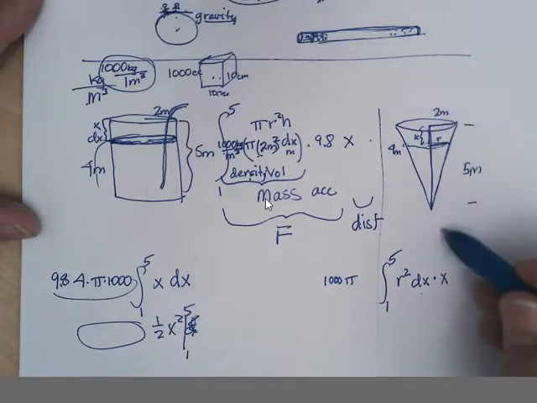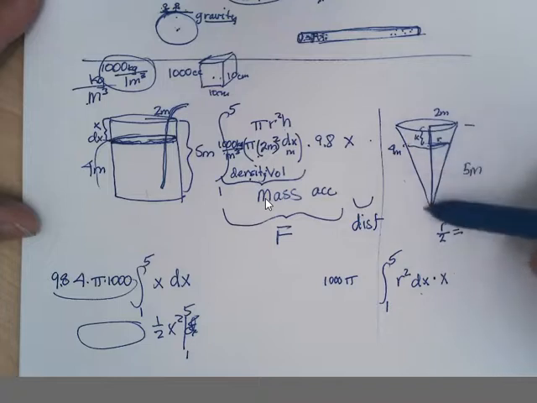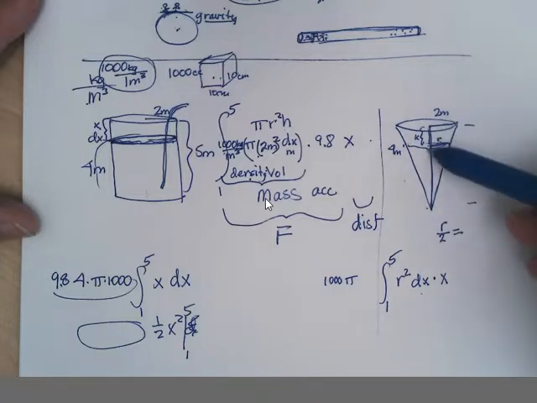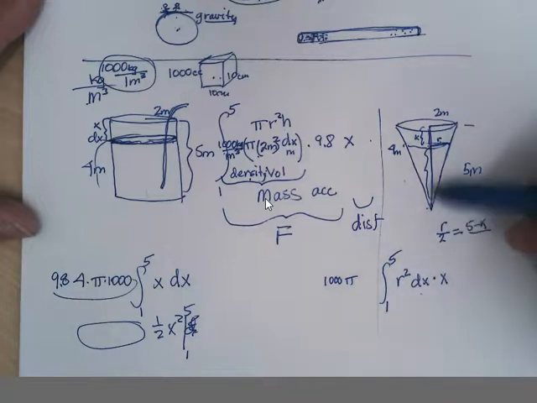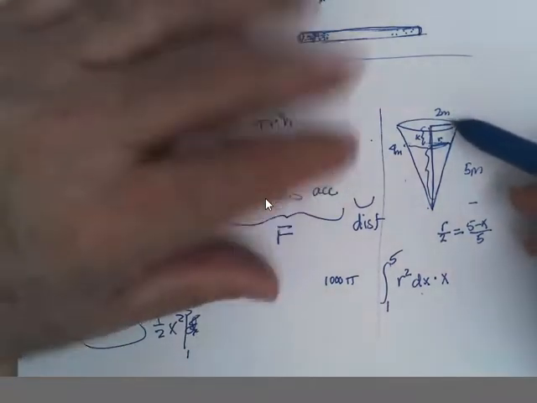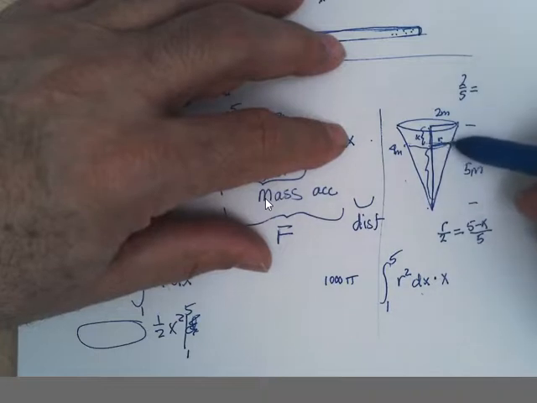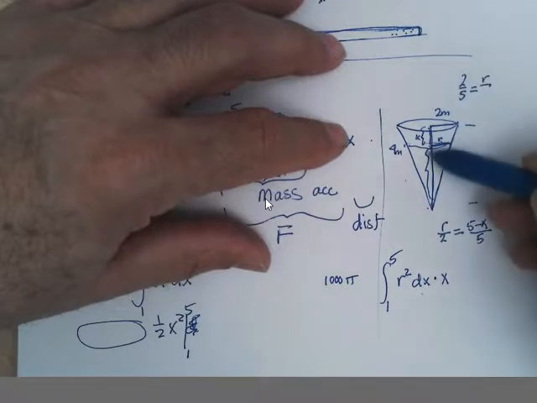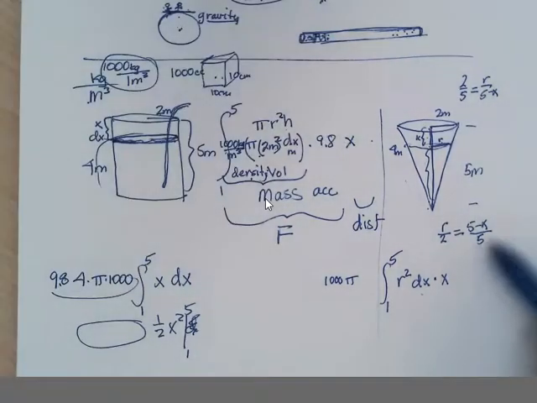For example, r is to 2 as this, which is 5 minus x, is to the whole length 5. Or you could have written it 2 to 5 is r to this length, which is 5 minus x. These will give you both the same thing.